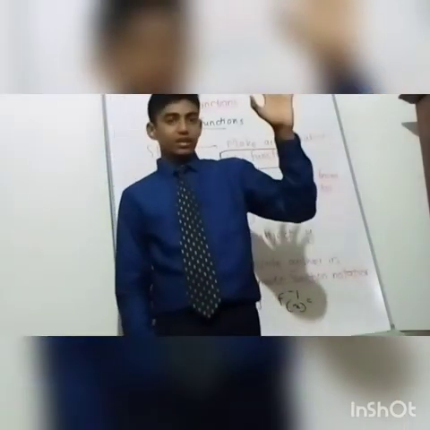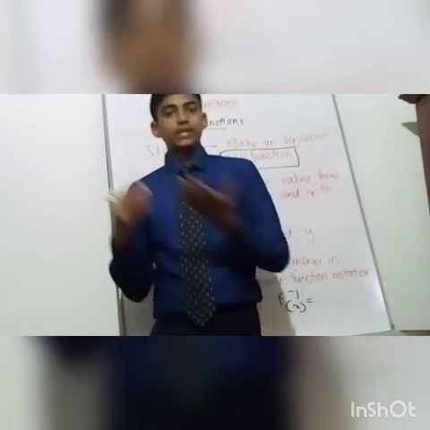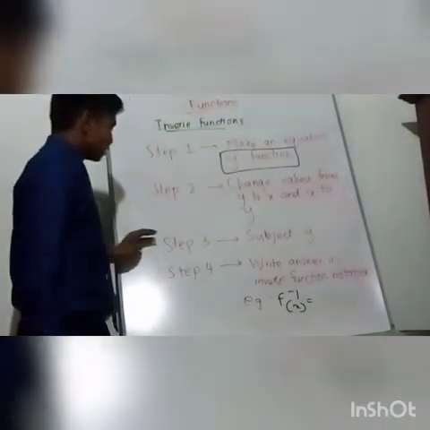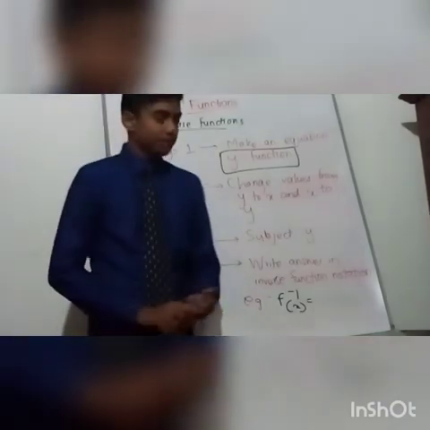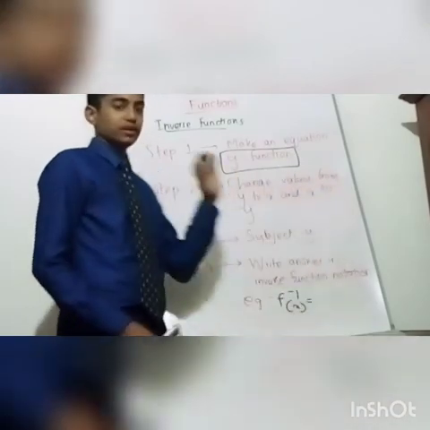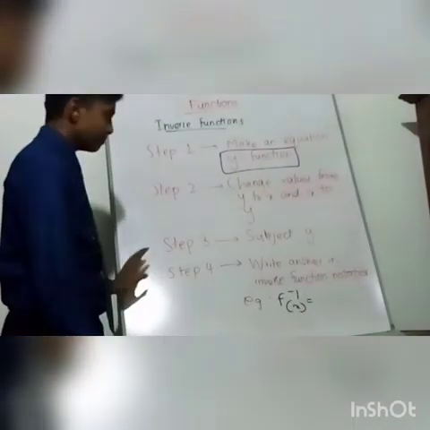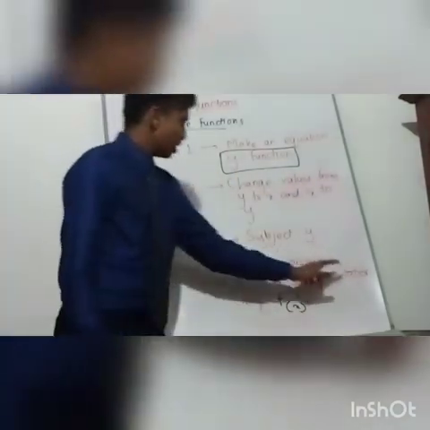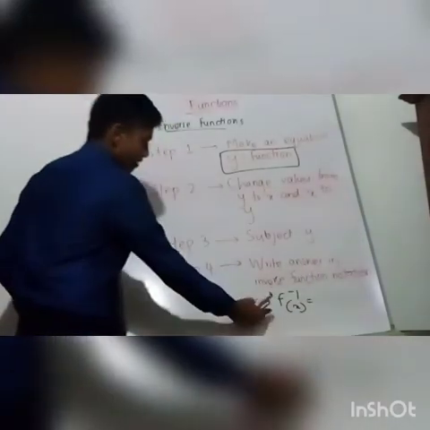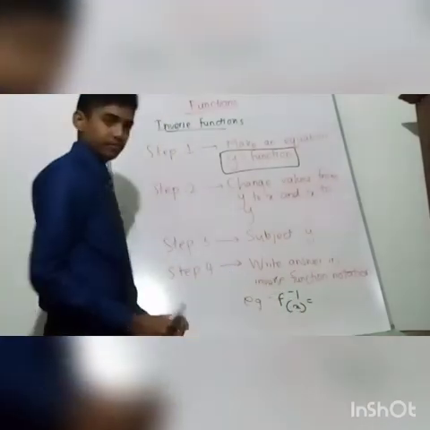Values which are y you must change to x, and values which are x you must turn to y. Third step, subject y, like y equals ax. Step 4, write your answer in inverse function notation, for example f minus 1 of x.